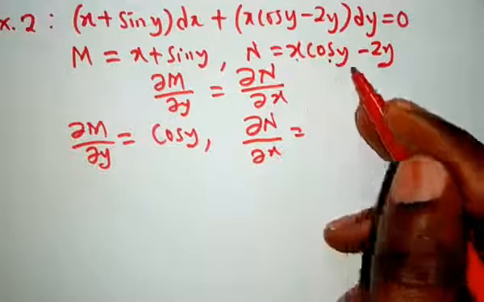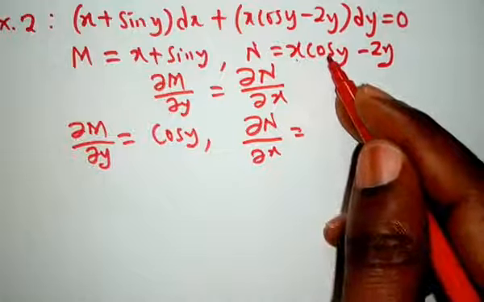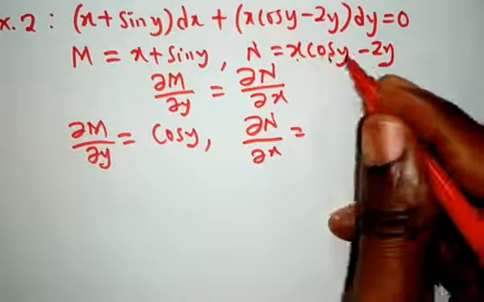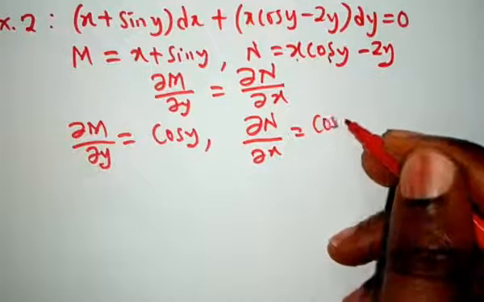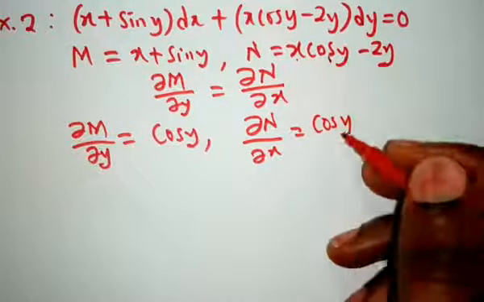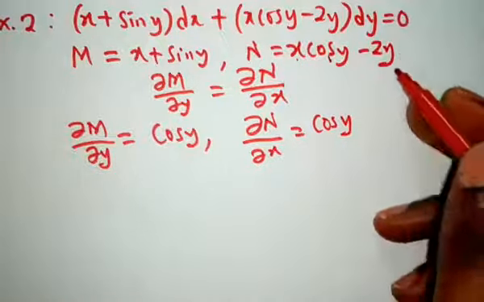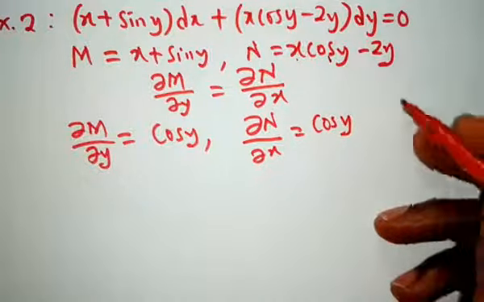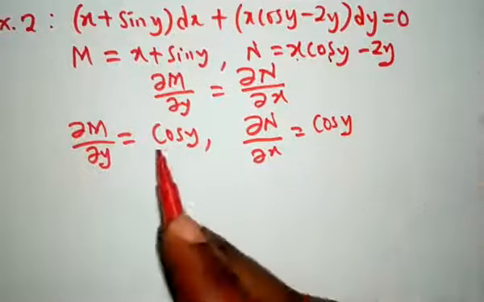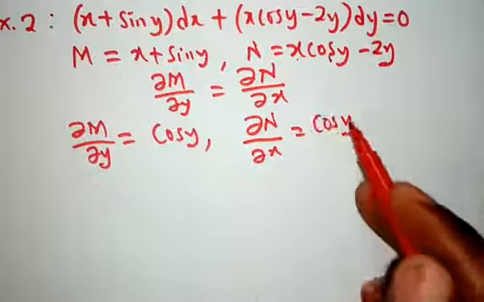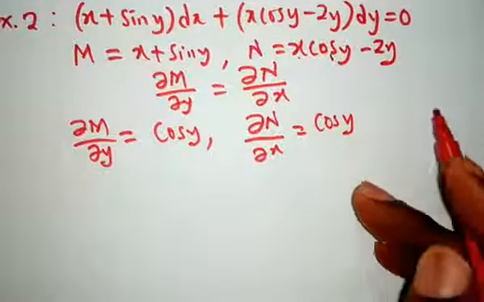So we have 0 here. Also keep this constant, differentiate x with respect to x gives us 1. So 1 times cos y gives cos y, minus 2y, differentiate 2y with respect to x gives 0. So we see that partial M partial y equals partial N partial x.